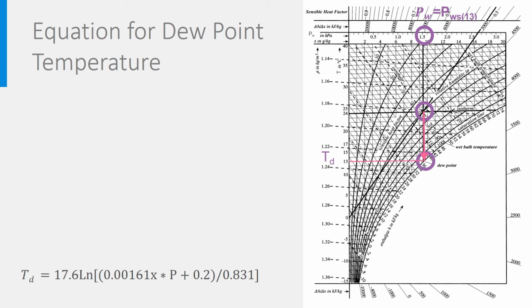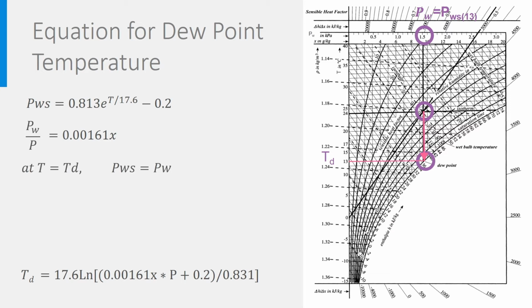We have derived in another lecture that the saturated vapor pressure at a certain temperature T is given by this equation. We also derived that the partial pressure of water vapor Pw equals the total pressure times 0.00161 x. As we have just said, the dew point corresponds to the point where Pw equals Pws, Pws being the saturation pressure at Td. By combining both above equations, we can therefore write this.